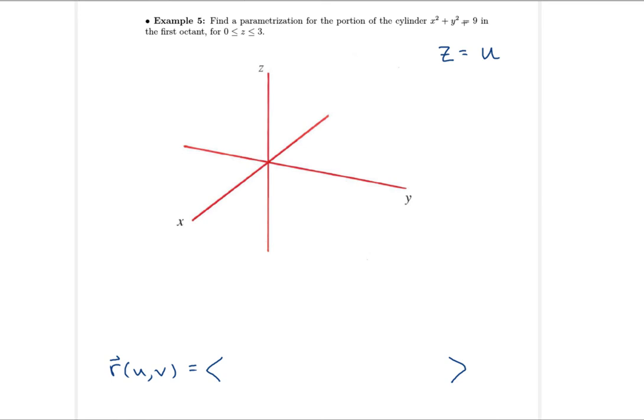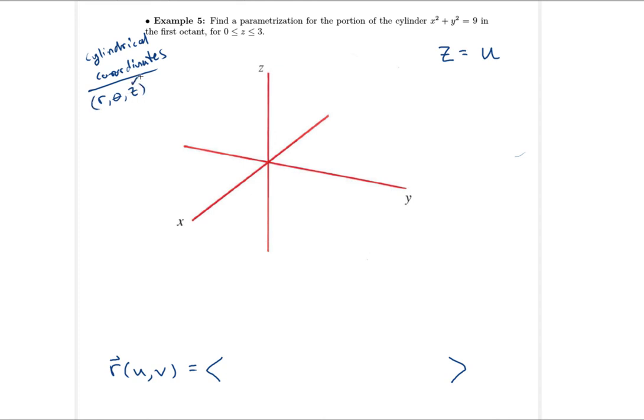So that should make us think of cylindrical coordinates. And in cylindrical coordinates, remember, I'll just make a little note over here. Cylindrical coordinates, we have three different values. Here we have r, theta, and z.